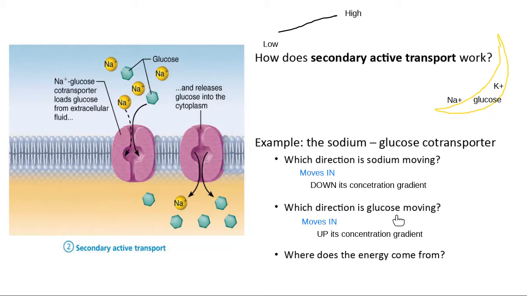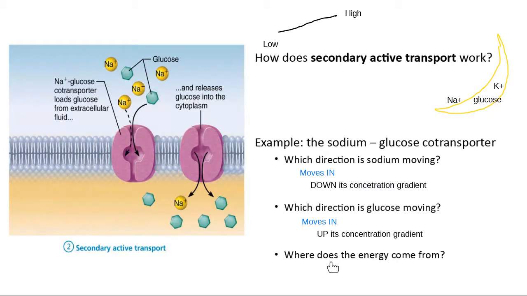The way that we do secondary active transport is somebody needs energy. In this case, glucose needs energy. The energy that it's getting is the fact that sodium is moving down its concentration gradient. Sodium is releasing energy while it moves. That energy is snatched or stolen by glucose.